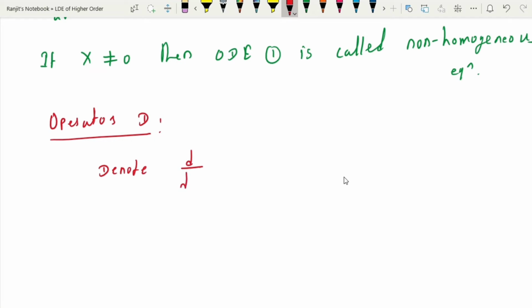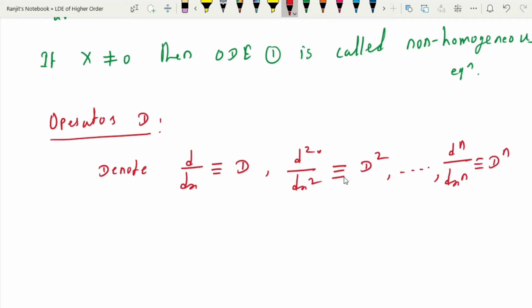Now the operator D: we denote d by dx, this differential operator, by capital D. Therefore d^2 over dx^2 stands for D^2, and d^n over dx^n stands for D^n.